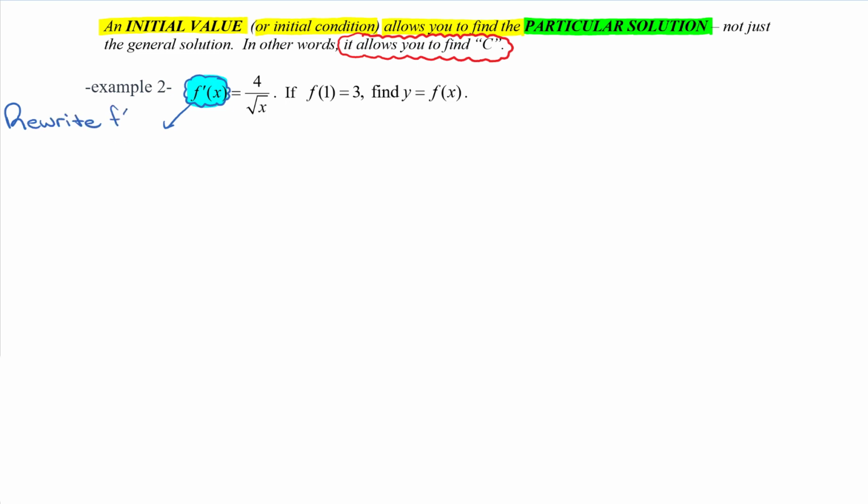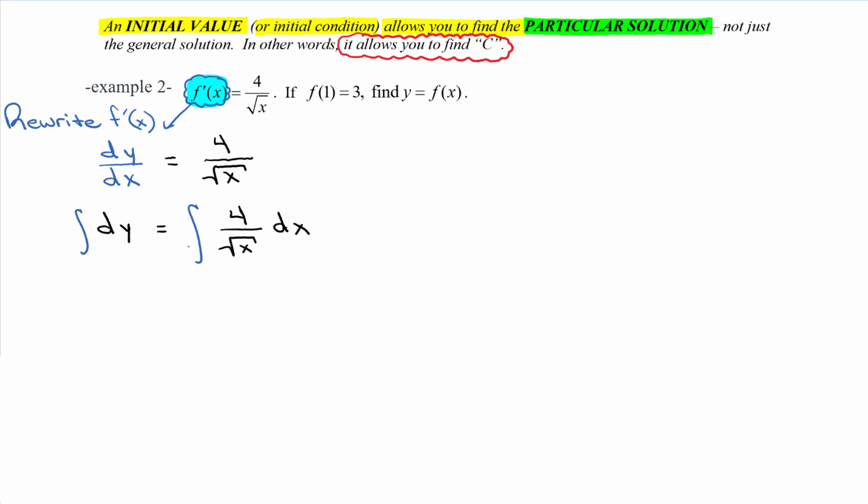So we're going to rewrite f prime of x as dy over dx. So we have dy over dx equals 4 over the square root of x. Now we're going to rewrite this as dy equals 4 over the square root of x times dx.